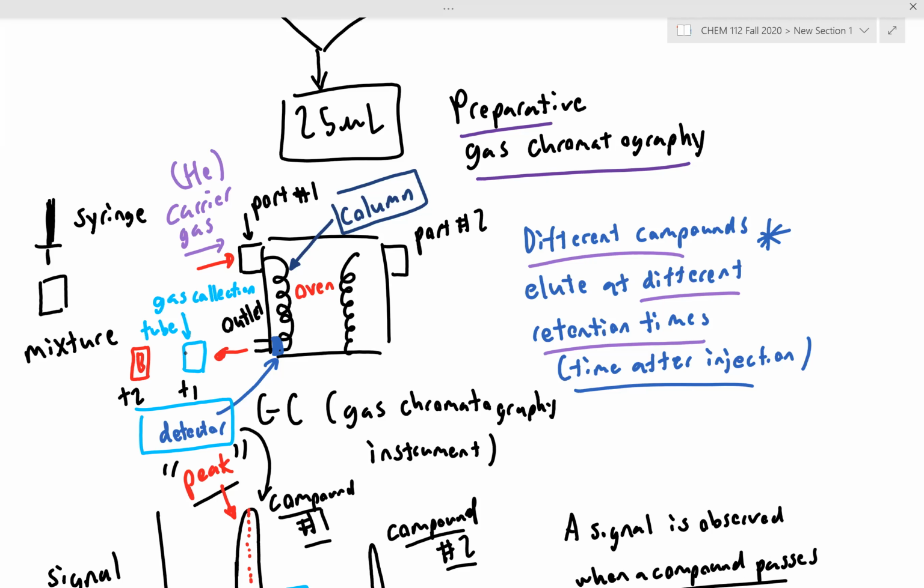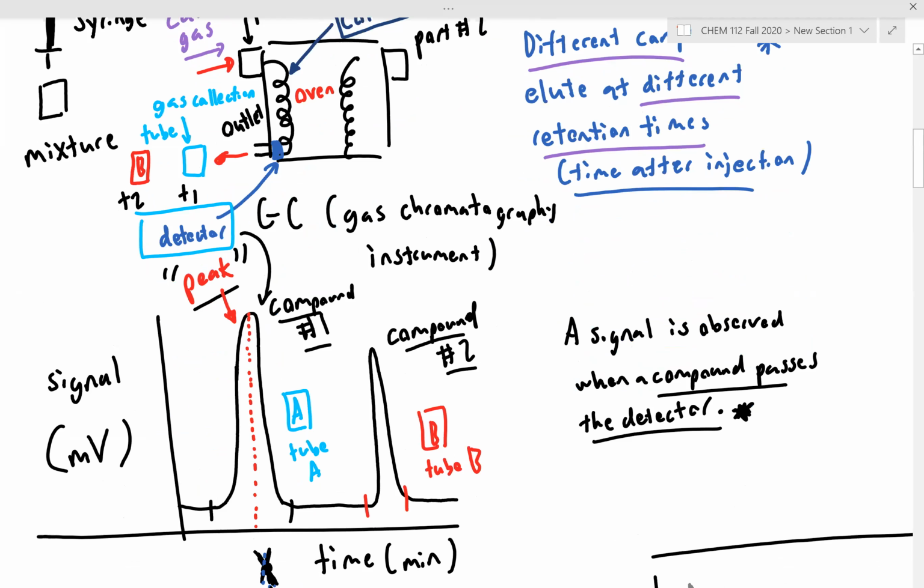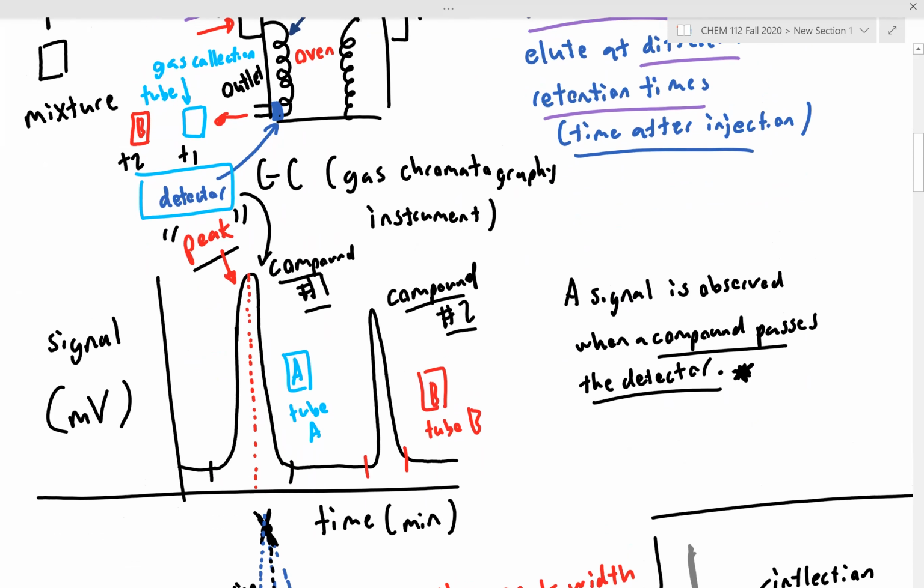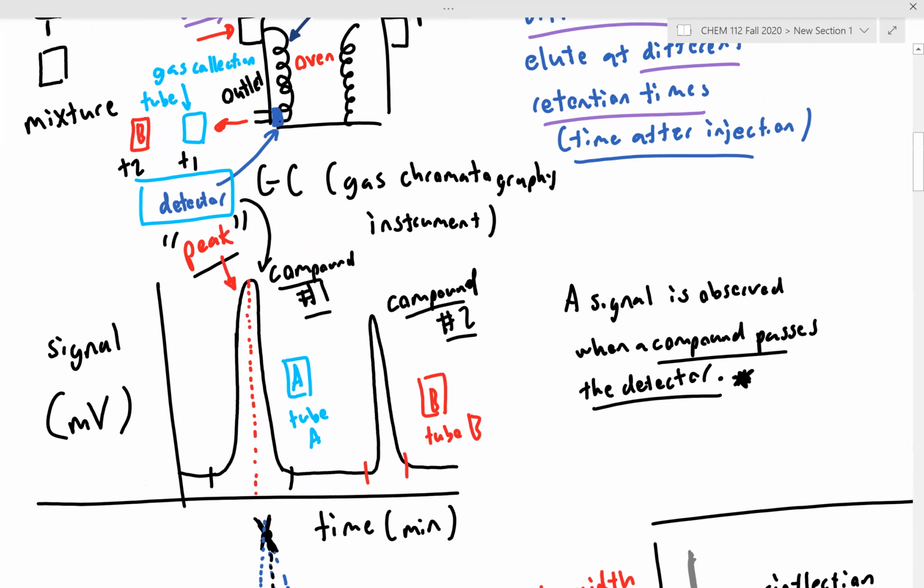So when we take a look at our detector, the primary detector is thermal conductivity. And what I want you to know from this detector is that as a sample passes through our detector, we observe a corresponding signal. And the overall intensity of the signal depends on the amount, the raw mass of sample.